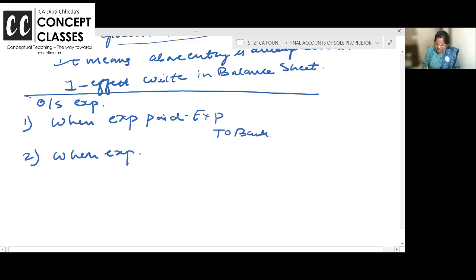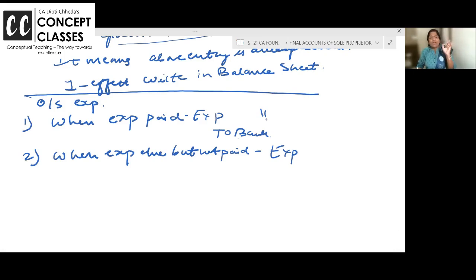When expense is due but not paid, it's due, due तो हो गया है, so you have to book it as expense, no? Matching rule. Expenses for the year should be debited in the P&L account whether paid or not.